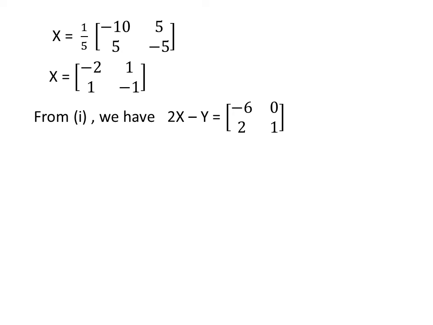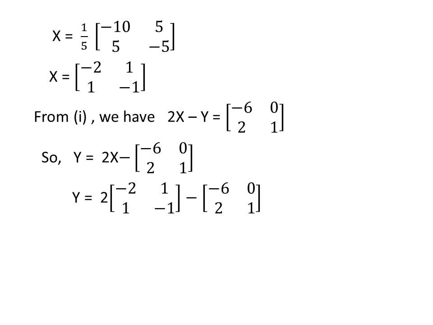We can write it as Y equals to 2X minus matrix with elements minus 6, 0, 2 and 1. Now in place of X, we write the matrix. Multiply each element of matrix X with scalar 2, we get a matrix with elements minus 4, 2, 2 and minus 2.